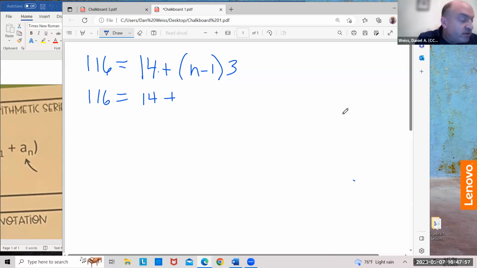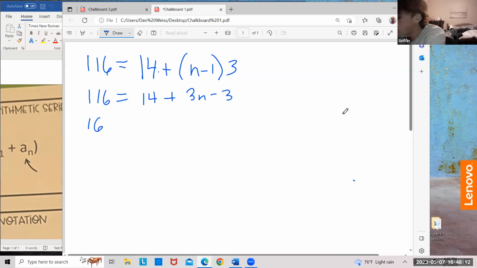You talk me through it. So then you multiply, and now you have 14 plus 3n minus 3. Now put the 14 and the negative 3 together, so you get 11. Now you have 116 equaling 11 plus 3n.